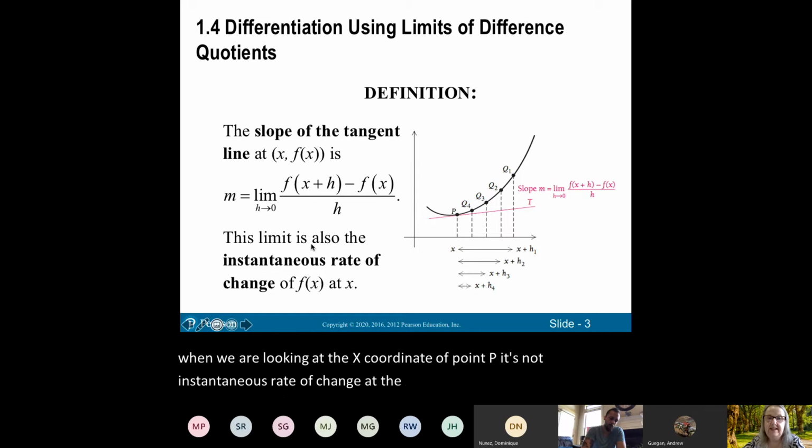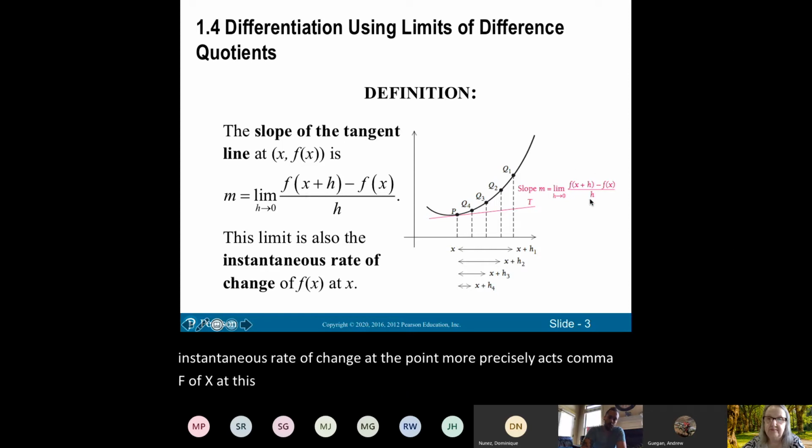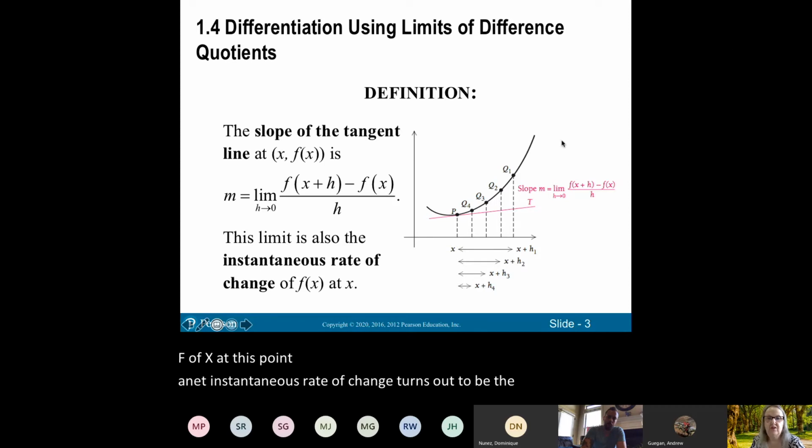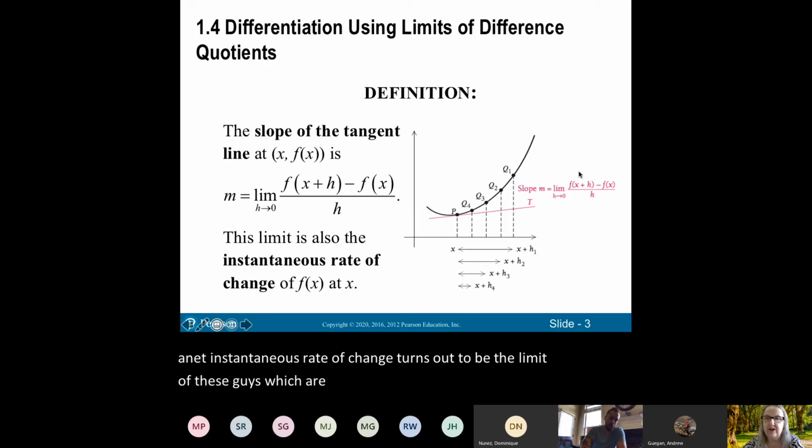And an instantaneous rate of change turns out to be the limit of these average rates of change. So that's another way to look at it: it's the limit of these average rates of change as h gets closer and closer to 0.